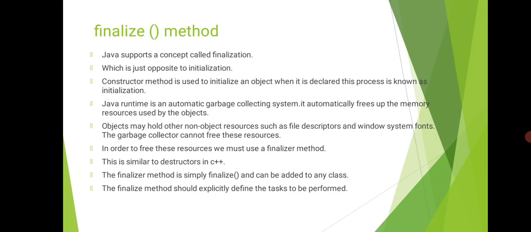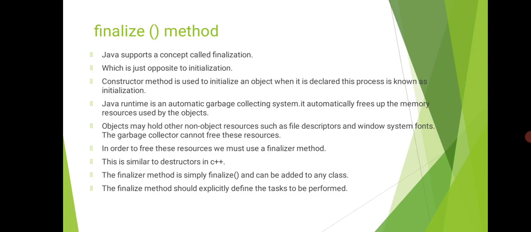When you use a destructor, the allocated memory will be deallocated. So using destruction we deallocate the memory, and using construction we allocate the memory for an object, right? Similarly in Java also, through constructors we allocate the memory for the objects.